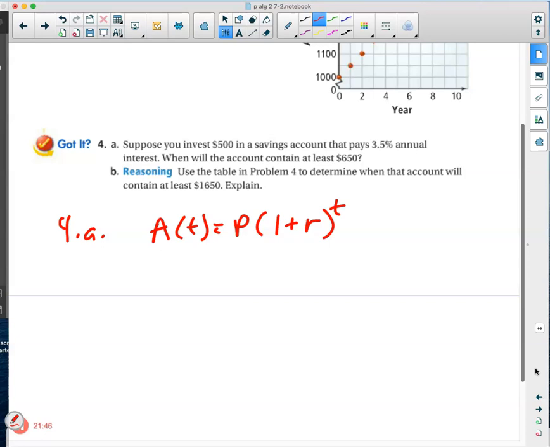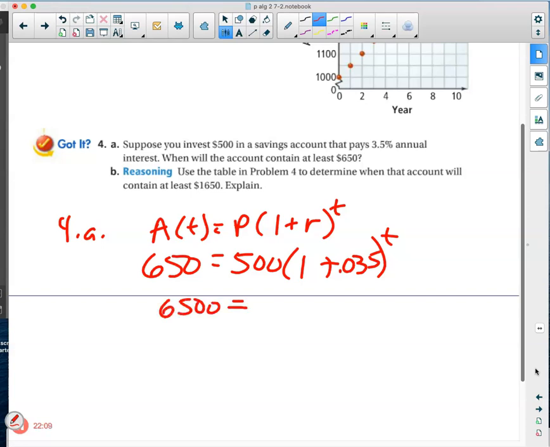All right, we want to know when this is at least 650. They started with 500. Help me out again. Interest rate is a decimal. 0.035. And we're again looking for t, but we can just make that an x in the graphing calculator. Too many zeros.